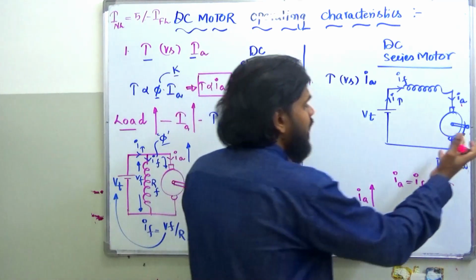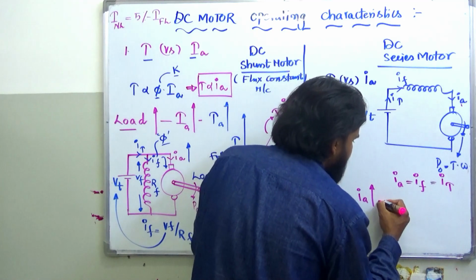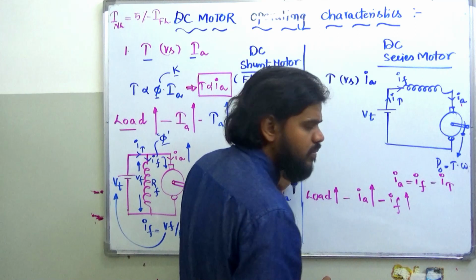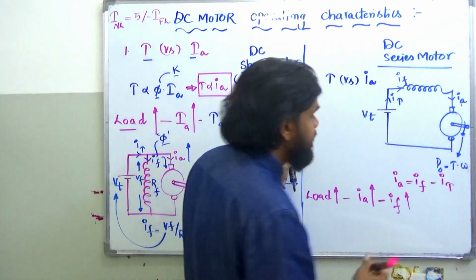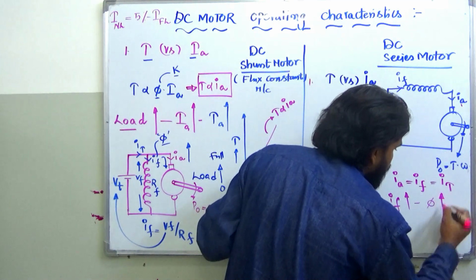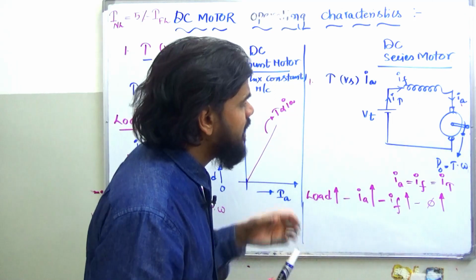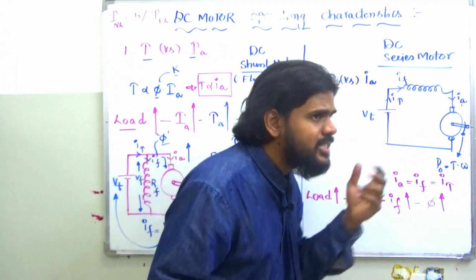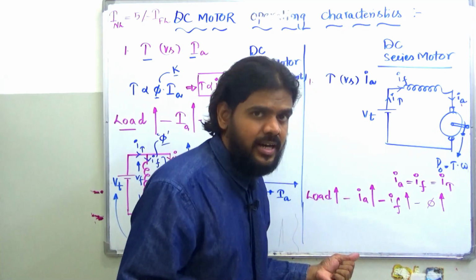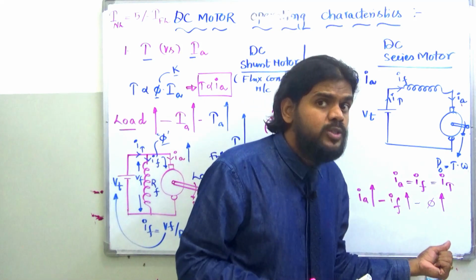So as the load increases, Ia increases, no doubt, and because Ia increases, your If will also increase, and then your flux will also increase. Am I right or not? So you have to understand the theory here. In a series motor, as the load increases, the armature current increases, then the field current increases, and then the flux will also rise.